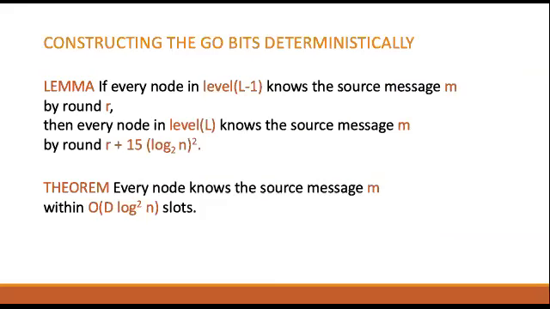We are able to prove that once every node in some level knows the source message, every node in the next level knows the source message within 15 log squared n more rounds. Since each round consists of 3 slots, it follows that the propagation mechanism completes within O(d log^2 n) slots, where d is the source eccentricity. This is just slightly slower than the O(d log n + log^2 n) slots when the Go bits are determined using the probabilistic method.